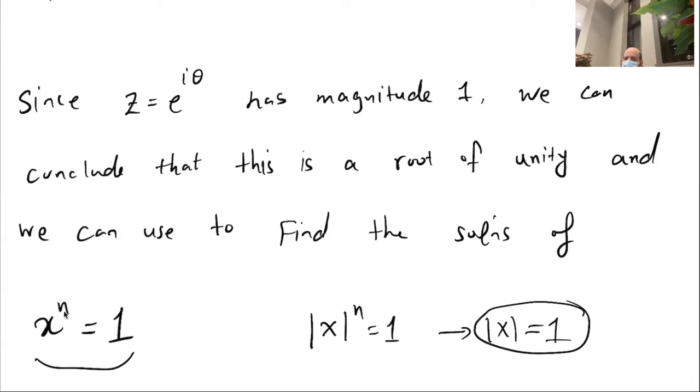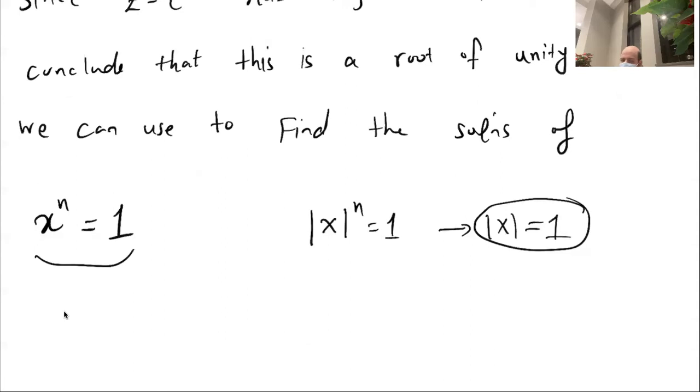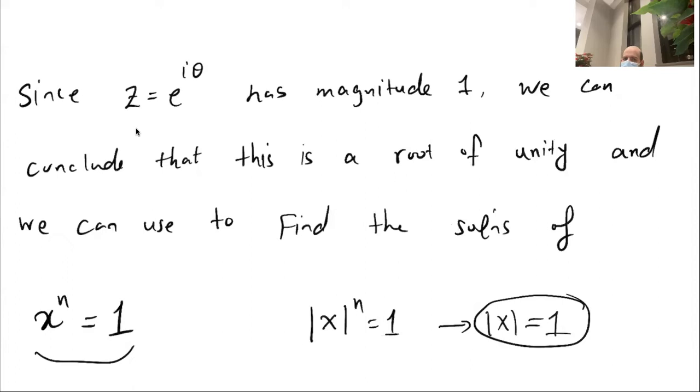For example, any quadratic equation has 2 solutions as long as you accept complex valued solutions as well. So x to the power n equals 1 must have n solutions, and any solution must be of this form. But we want to exactly find all n solutions.